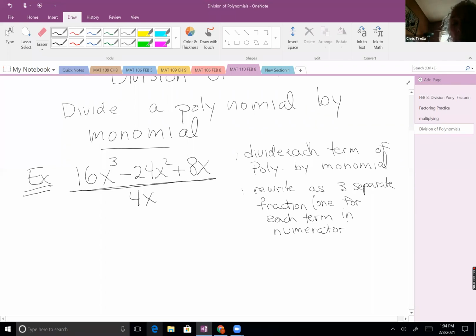What the heck do I mean by that? When I look at this fraction, it's just the 16x cubed over the 4x, it's just the 24x squared over the 4x, it's just the 8x over the 4x, or are they all over the 4x? The way it's written, they're all over the 4x. So I'm going to take each of those terms and divide them by that term in the denominator, that 4x.